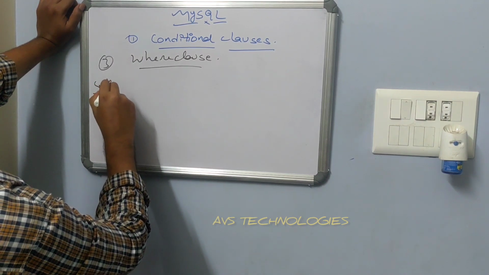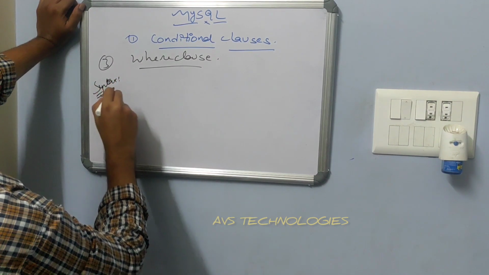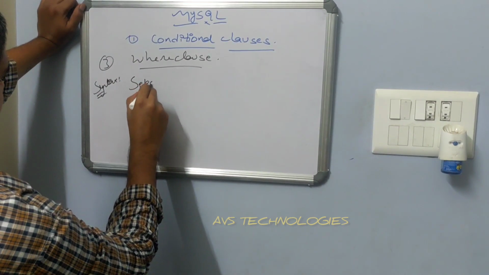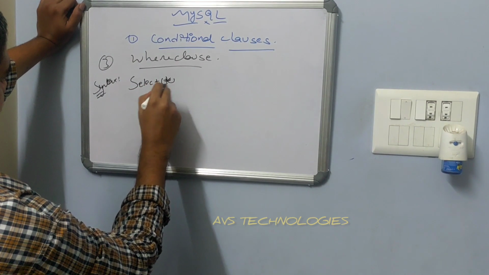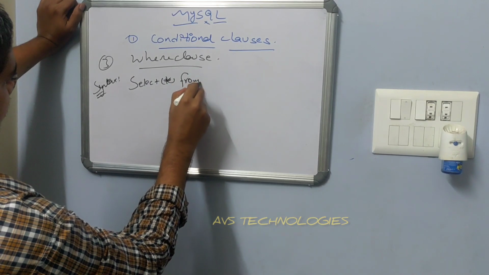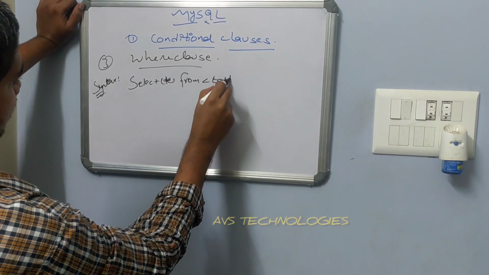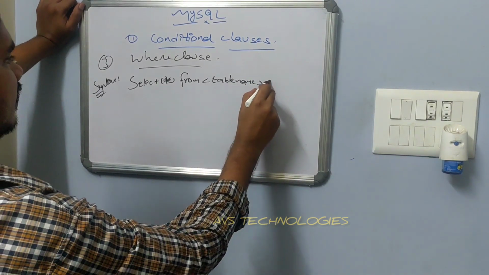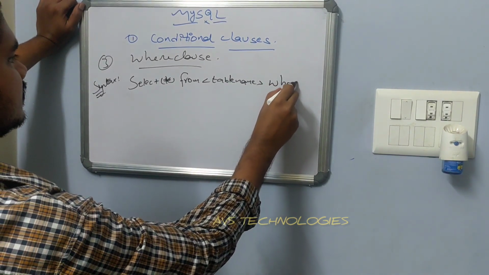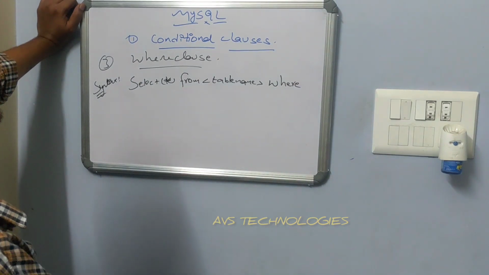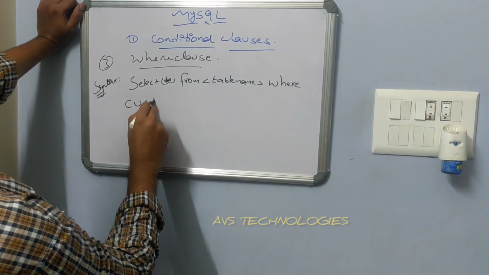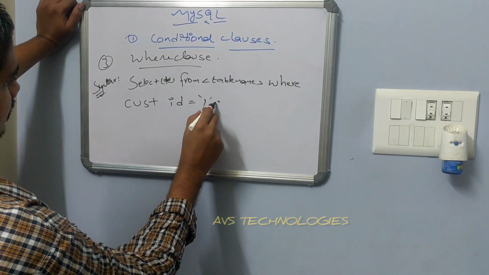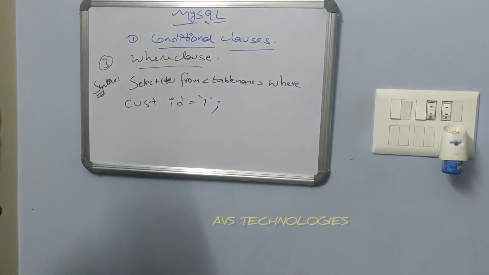Syntax: select star from table name where customer id equal to 1, semicolon.